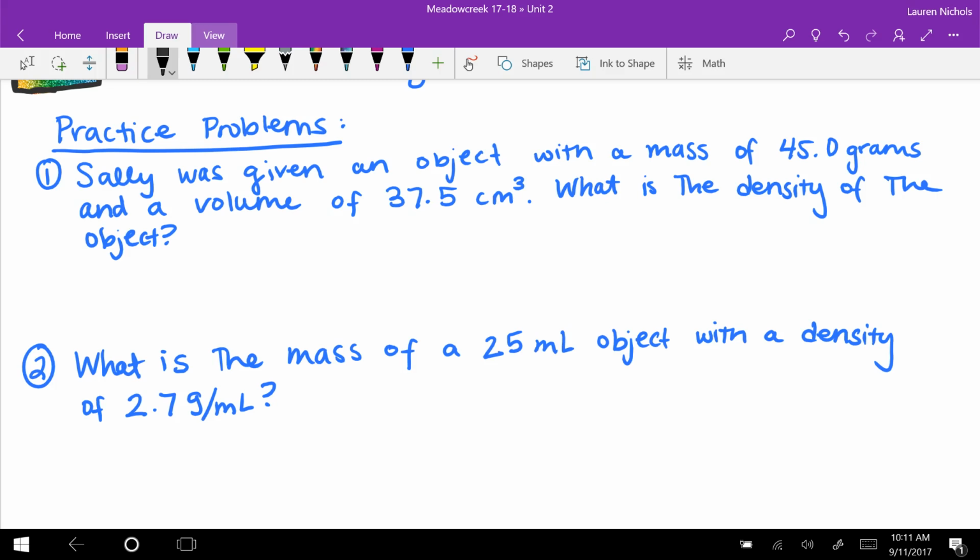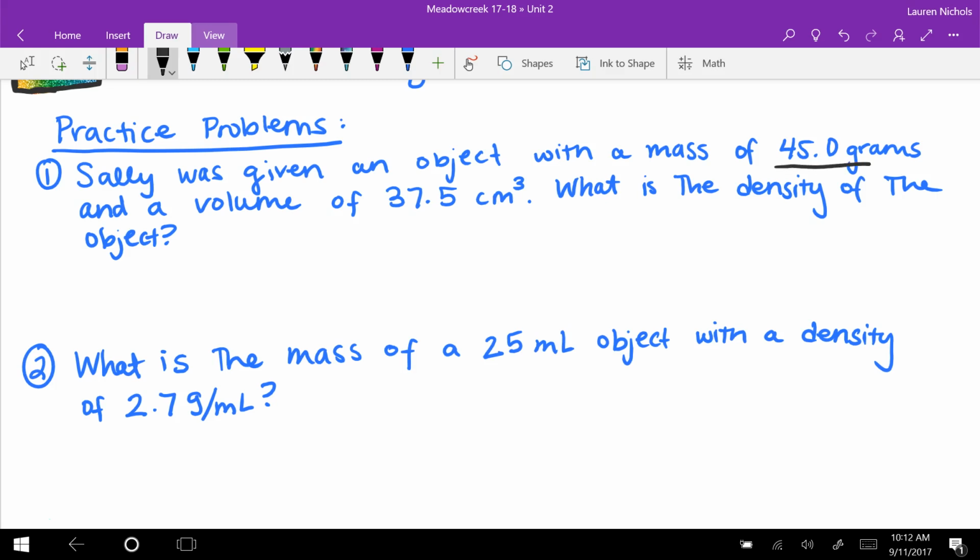Our first step is always going to be to read the question completely before doing anything. So Sally was given an object with a mass of 45.0 grams and a volume of 37.5 centimeters cubed. What is the density of the object? So I saw that we were given two numbers.